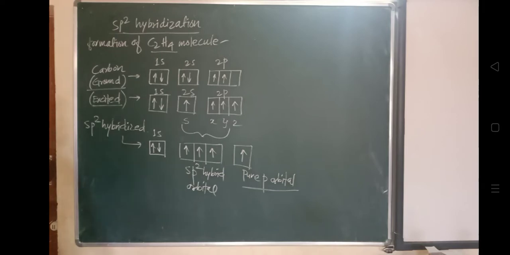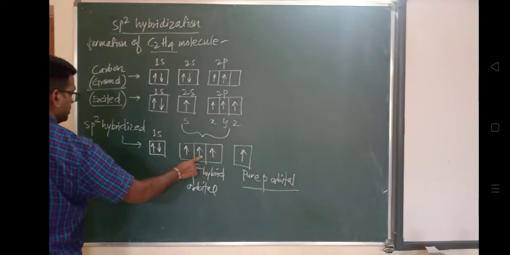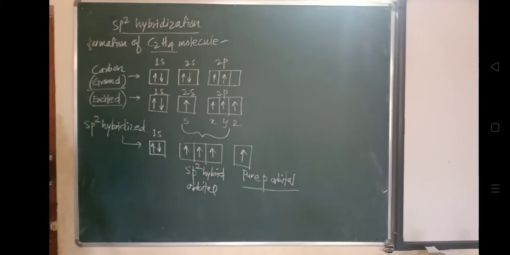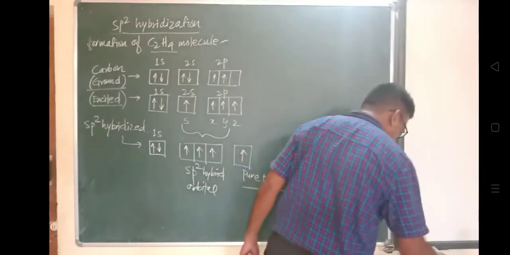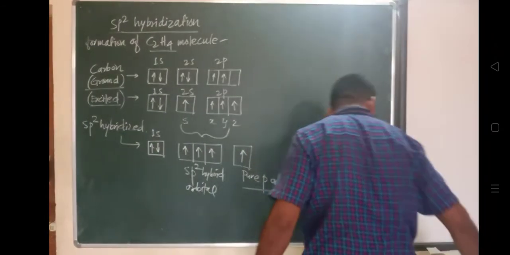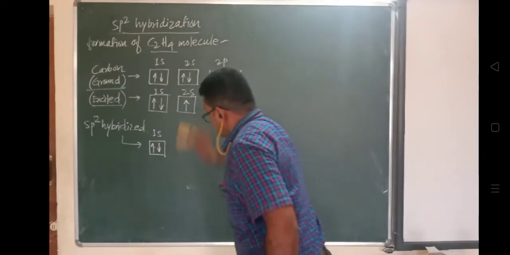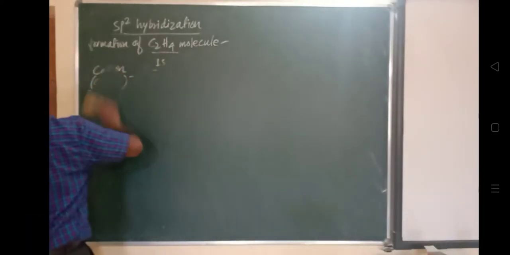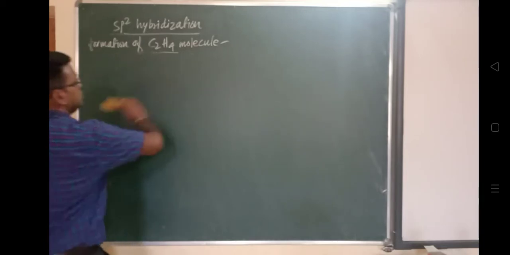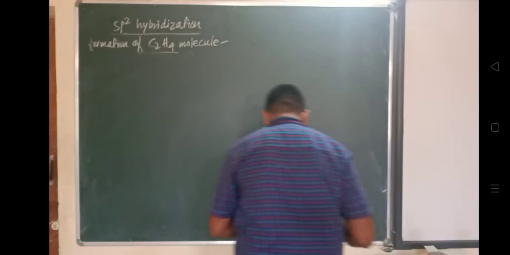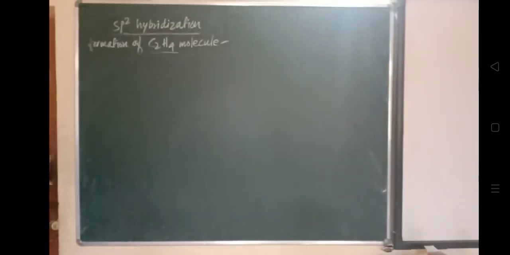Suppose this is the carbon atom, and it is attached to another carbon atom, because there are a total of two carbon atoms and four hydrogen atoms. These two carbon atoms will be bonded with each other, two hydrogen atoms will be bonded to one carbon atom, and the remaining two hydrogen atoms to the other carbon atom. This is for sp2 hybridization.